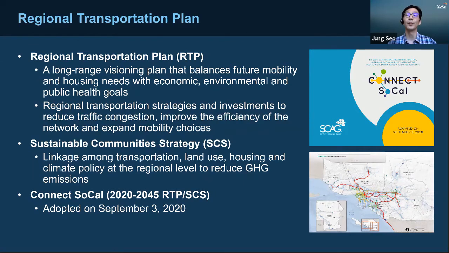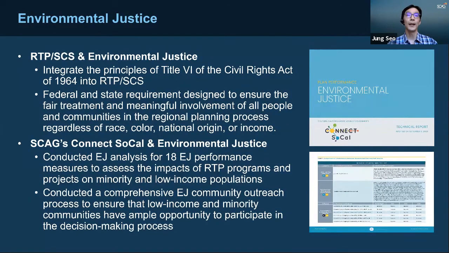And in September 2020, SCAG adopted Connect SoCal, the 2020 RTP/SCS. SCAG has integrated the principles of Title VI into its RTP to address environmental justice.